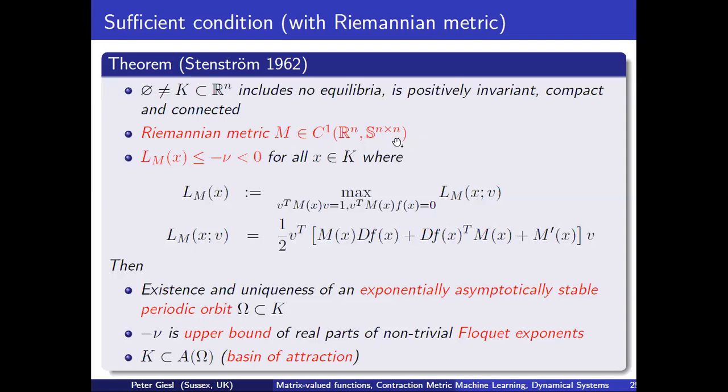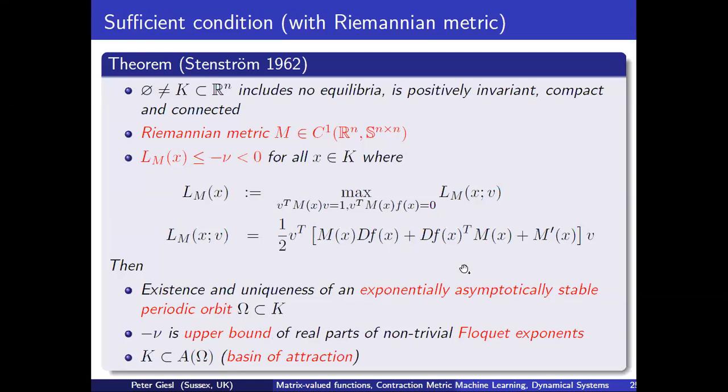It's a sufficient condition: if you have the right Riemannian metric with respect to which the L_M is strictly negative, then you have the exact same conclusion, existence and uniqueness of a periodic orbit. You have a bound, again, this bound on L_M as a bound on the Floquet exponents, and K is in the basin of attraction.